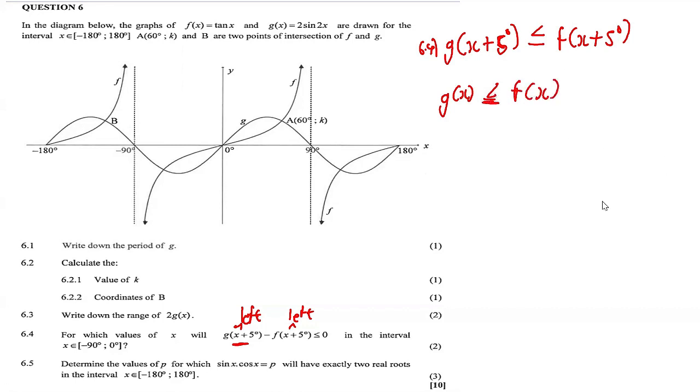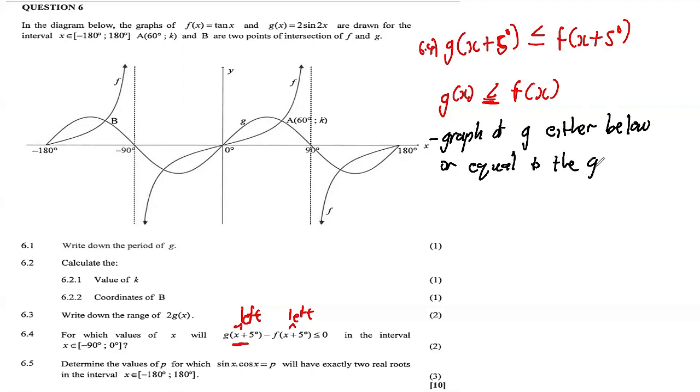What this would mean is, where is the graph of g either below or equal to the graph of f? Sorry for that. So it would essentially mean where is the graph of g either below or equal to the graph of f. So that is the interpretation of what we have here, right?